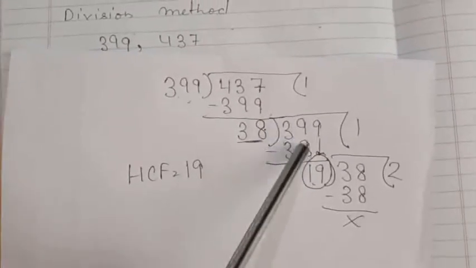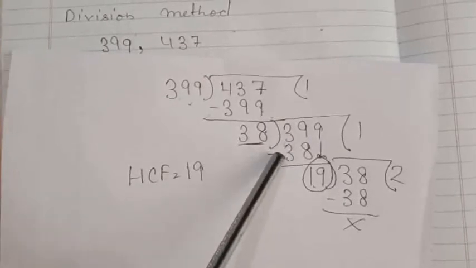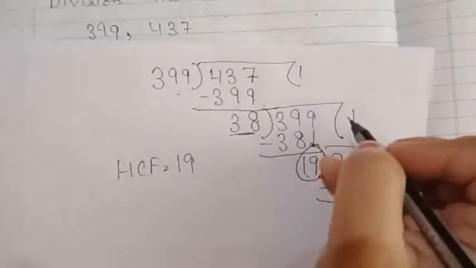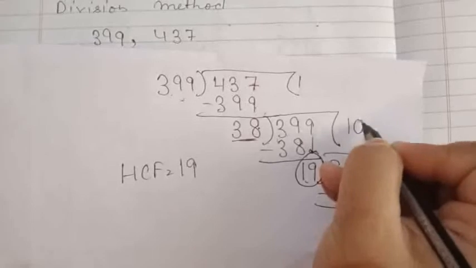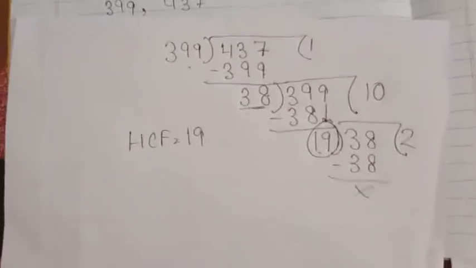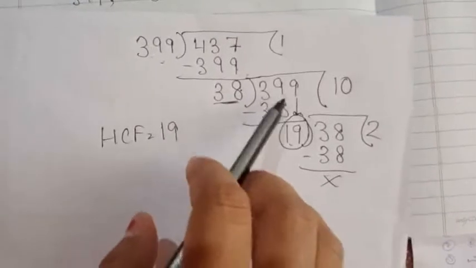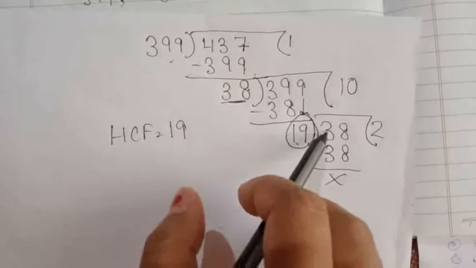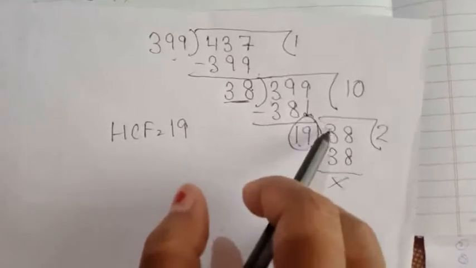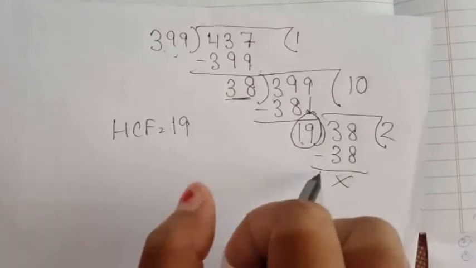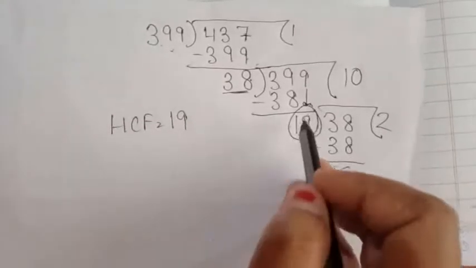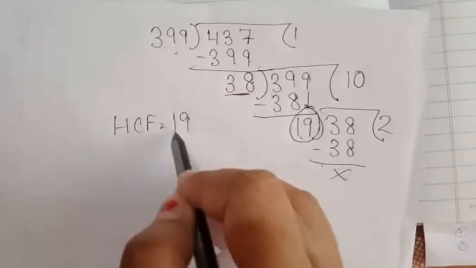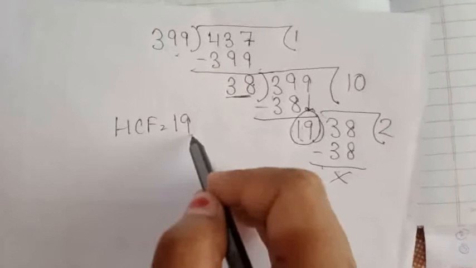Again we will divide it by this number. Here it will be 0 because we have taken one digit and it is not further dividing. So now 19 is the remainder and 38 will be here. Now we will divide 38 by 19. 19 twos are 38. Now which is the last divisor? That is 19. So 19 will be the HCF.